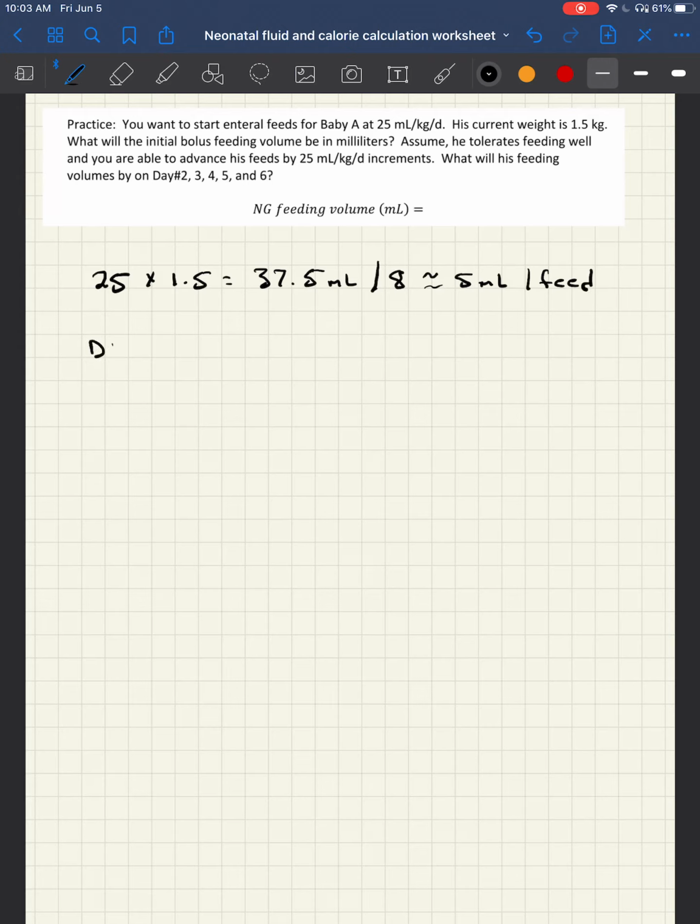So on day 1, we'll get 5 milliliters. And since we know that 5 milliliters is 25 mils per kilo, then progressing through the next days is actually pretty easy. We would go to 10, then 15, then 20, 25, and 30 milliliters per feed. And each of those jumps is a 25 milliliter per kilogram per day increase.